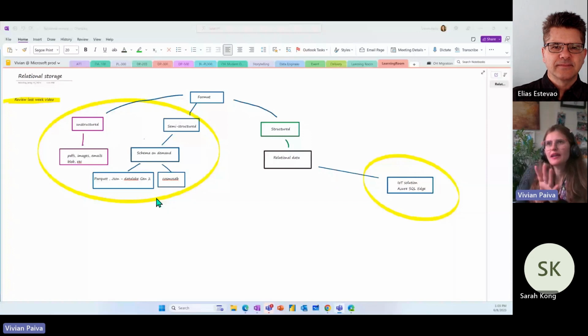So last week, Elias covered this part that's highlighted in yellow, even a little bit of relational databases about the Azure SQL Edge that is used for IoT solution when we need that local relational storage when, for example, we are gathering information in the IoT devices.